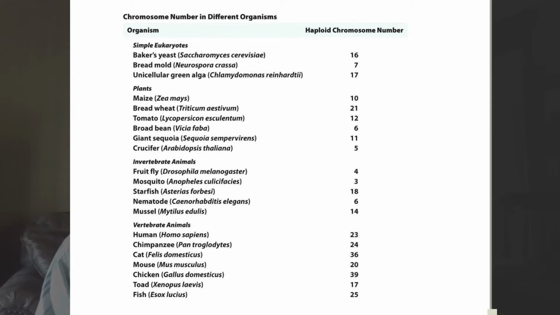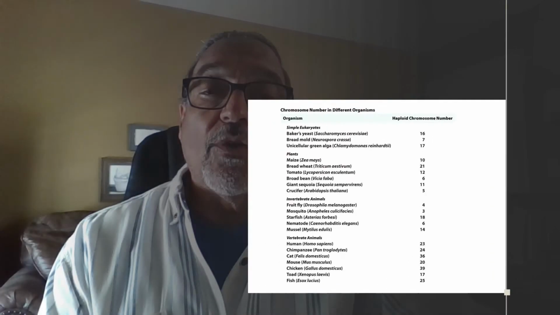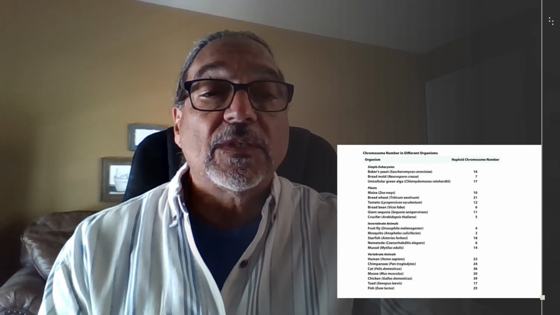Notice our buddy the fruit fly has 4, mosquito has 3, and of course humans, or Homo sapiens, and our closest relative or related species, the chimpanzee, has 23 and 24 chromosomes respectively.